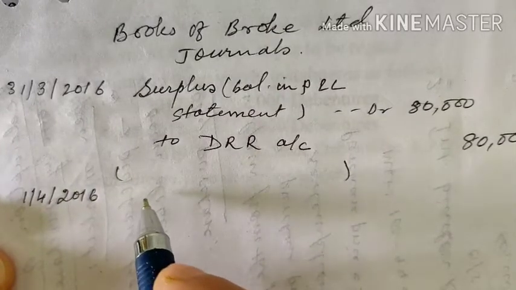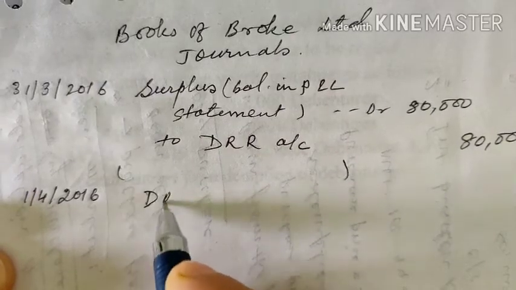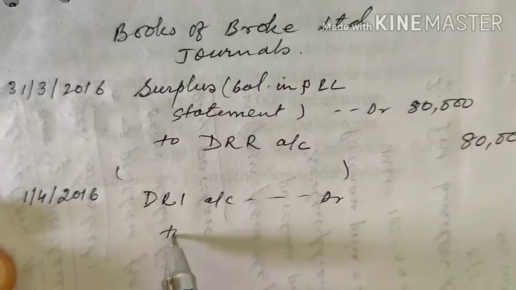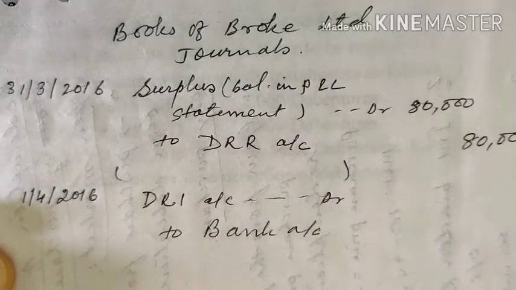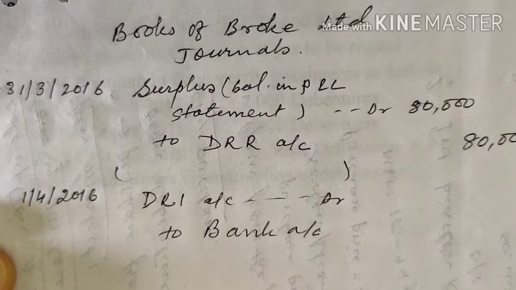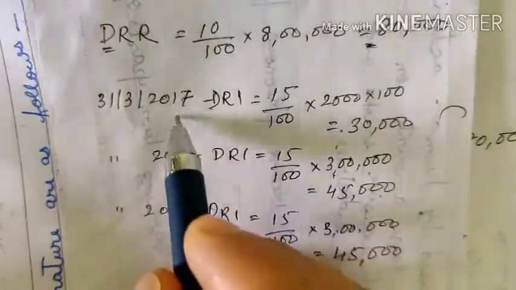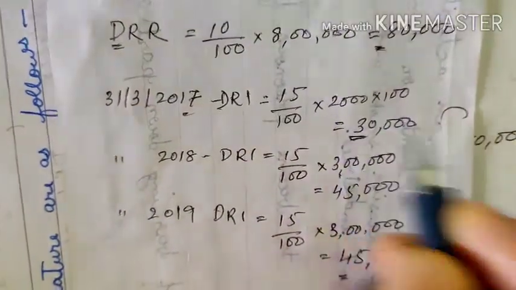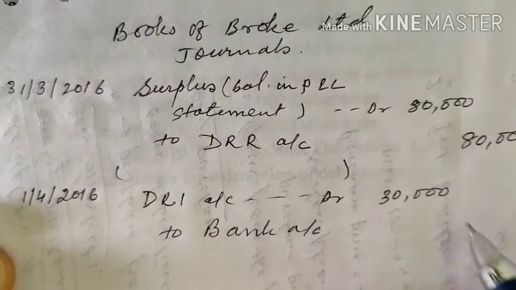And since the money is going out as an investment, this is debenture redemption investment account debit to bank account, and the investment we have taken is 30,000, so we have here 30,000.